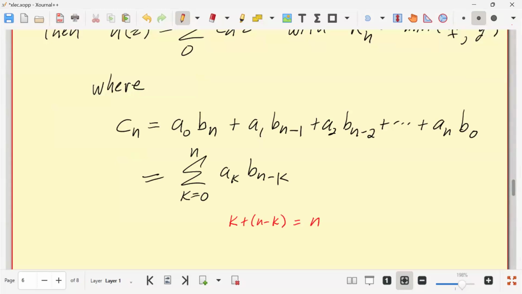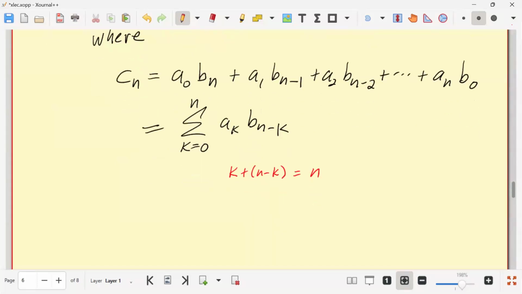When you think about why that makes sense, you'd have a_k z^k times b_(n-k) z^(n-k), and the powers add up.